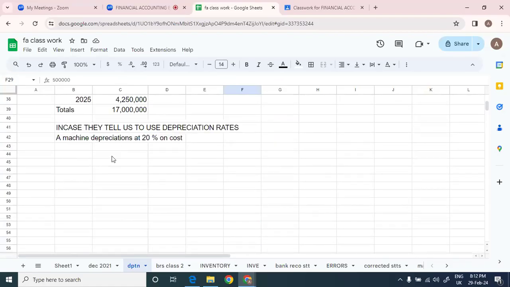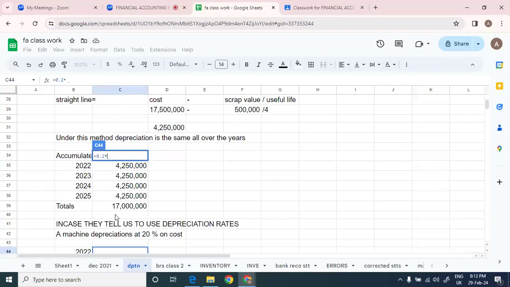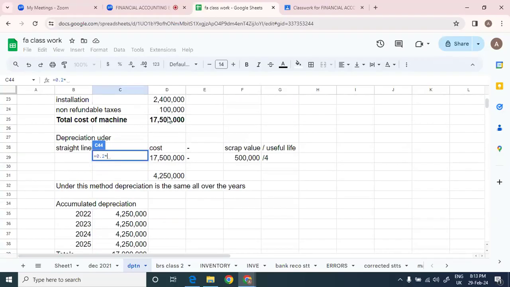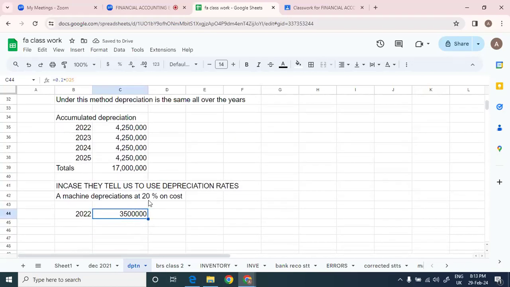For example, if we are computing depreciation of 2022, it will be 0.2 times the value of the machine, which is 17.5, giving 3.5.